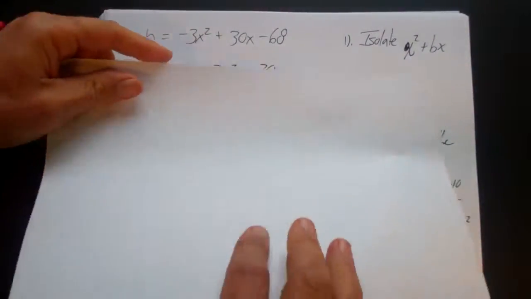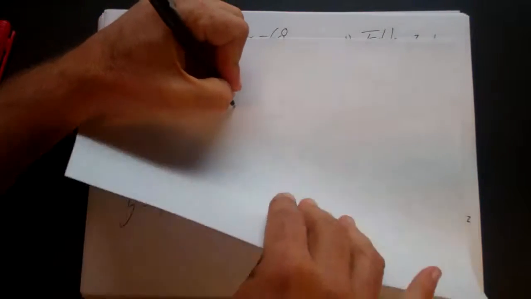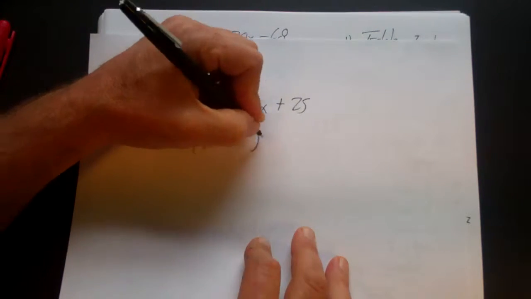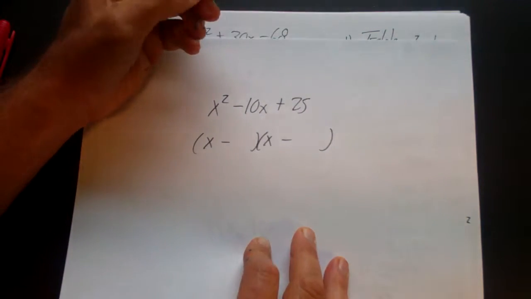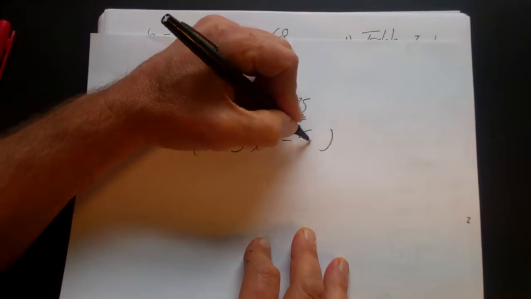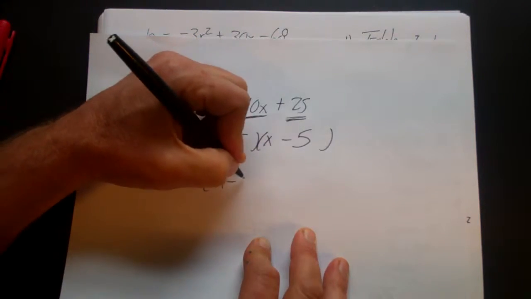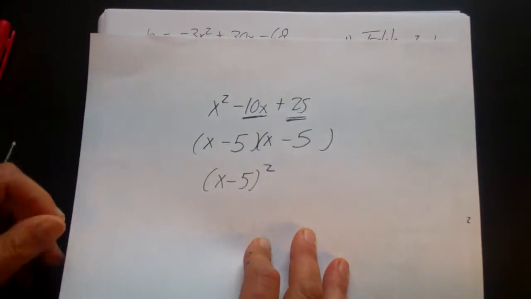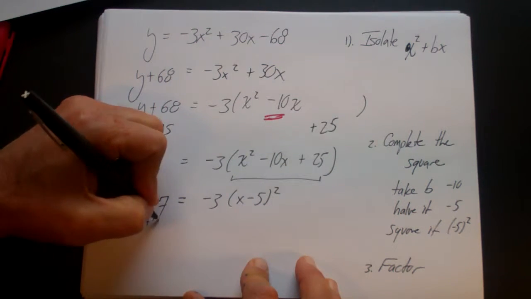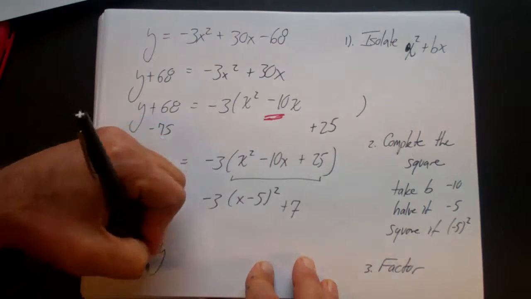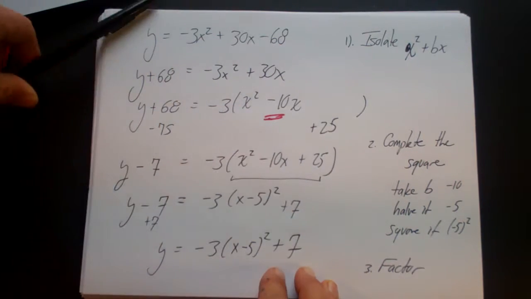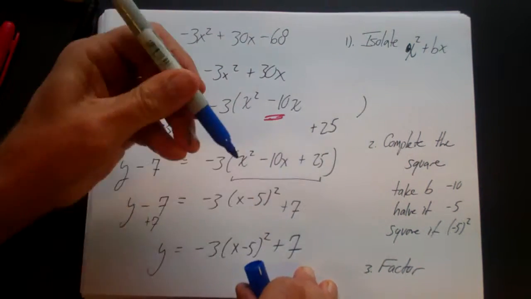So if I did this more slowly, x squared minus 10x plus 25 is (x minus something)(x minus something), and I'm finding two numbers that multiply to positive 25 and add to a minus 10. So that's a minus 5 and a minus 5. So I have (x minus 5) squared. Now I just need the 7 on the other side, so I add 7 to both sides, and I get y is equal to minus 3 times (x minus 5) squared plus 7. And that's my answer right there, and I'm done.